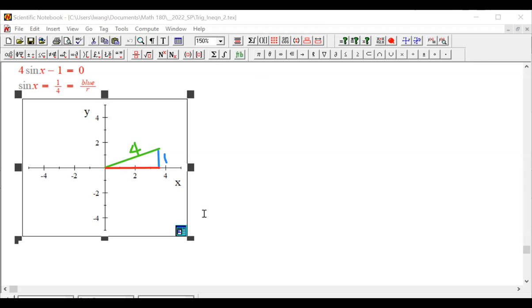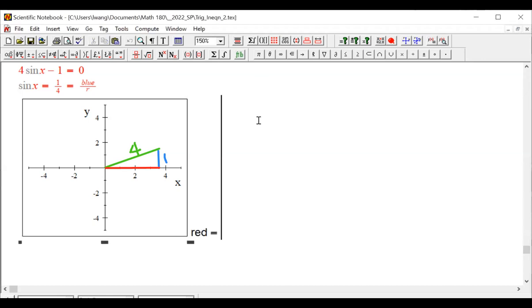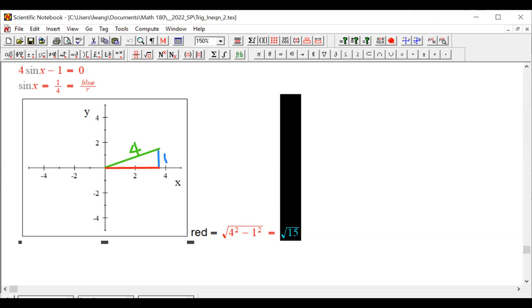So the red equals the square root of 4 squared minus 1 squared, which equals the square root of 15. So the red is square root of 15.